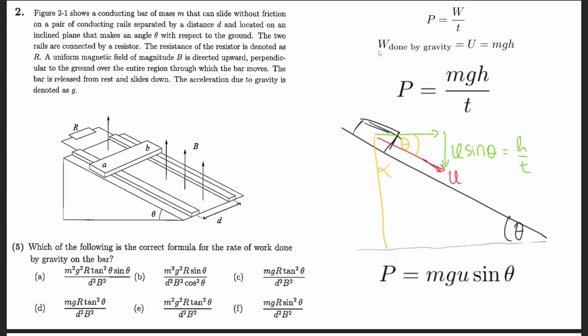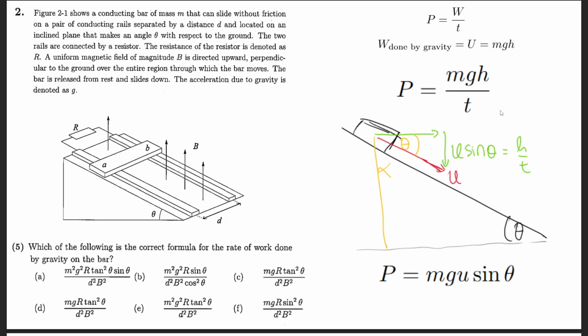So we can write the rate of work as mgh over t, and we can see h over t as the distance traveled vertically by the block over time, and we can express that as the vertical component of u.